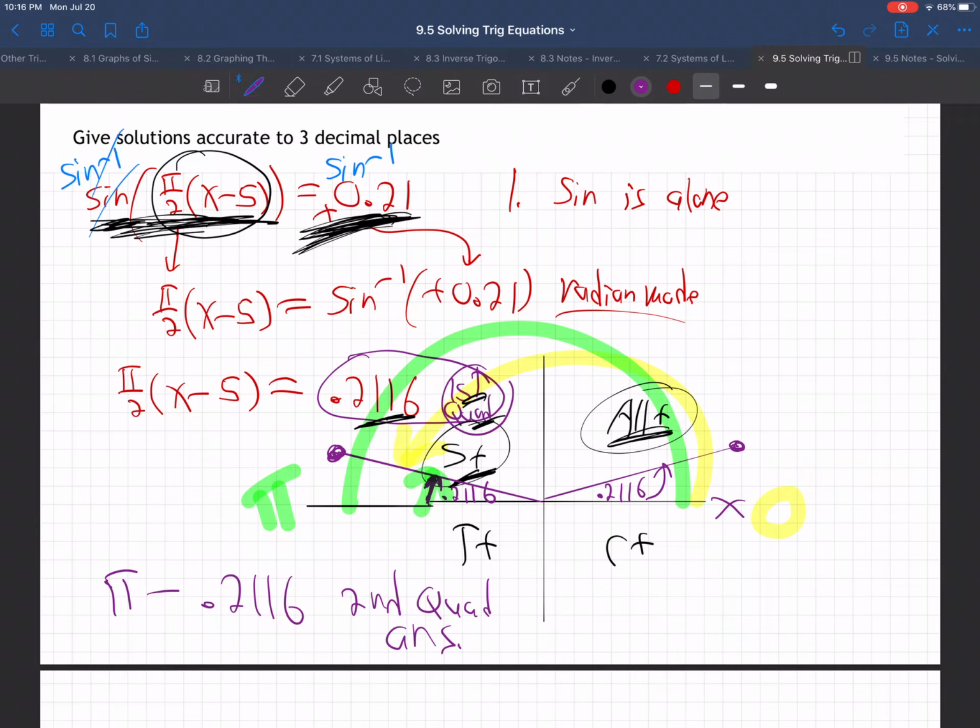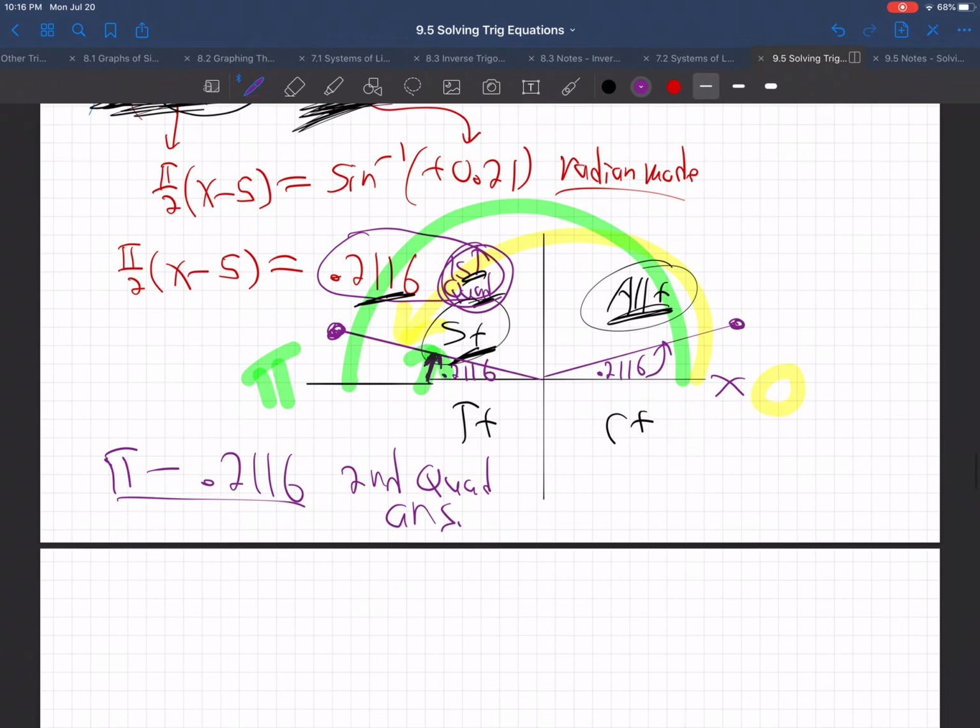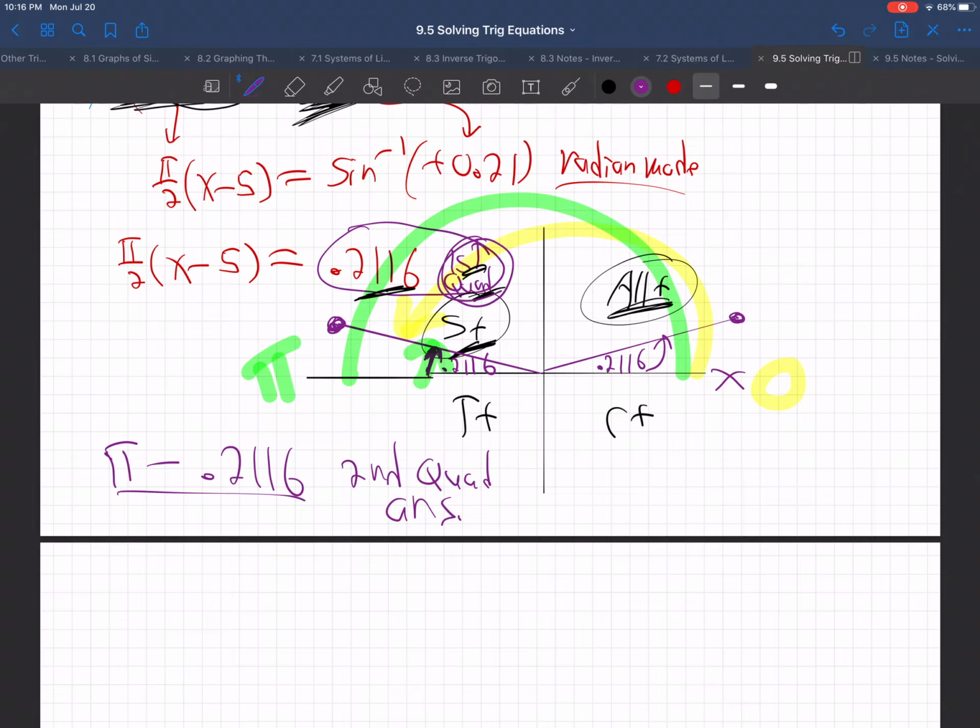So I've got the first quadrant answer, and this will give me the second quadrant answer. Let's crank that. Use your calculator. Take pi minus 0.2116. I'm getting 2.92999, so I'll say 2.930. So that's the second quadrant answer.